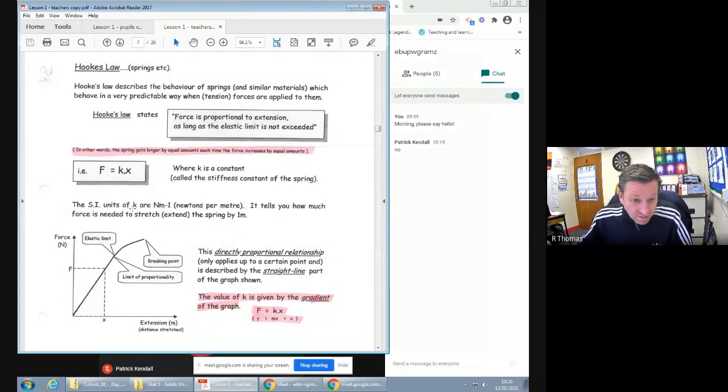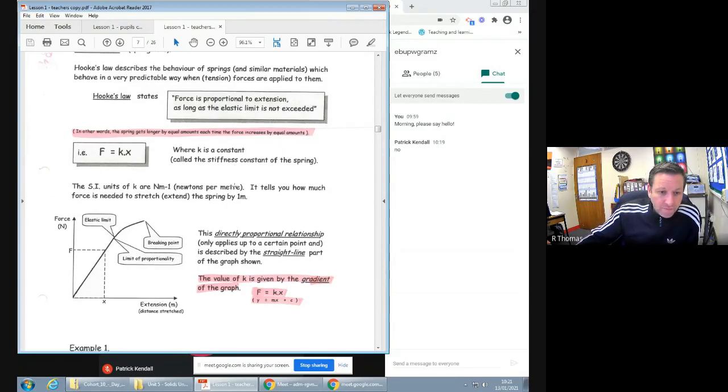The SI units of k are newtons per meter, because as you can see, k would be the force in newtons divided by the extension in meters. So it tells you effectively how much force you need to stretch the spring by 1 meter. Don't forget, force is mass times acceleration. So if we're vertically hanging a weight on a spring, it'll be the mass times gravity, 9.81. And we'll look at some questions on that later.